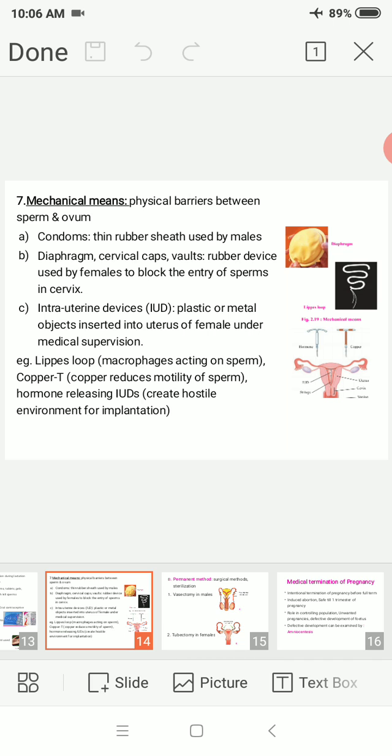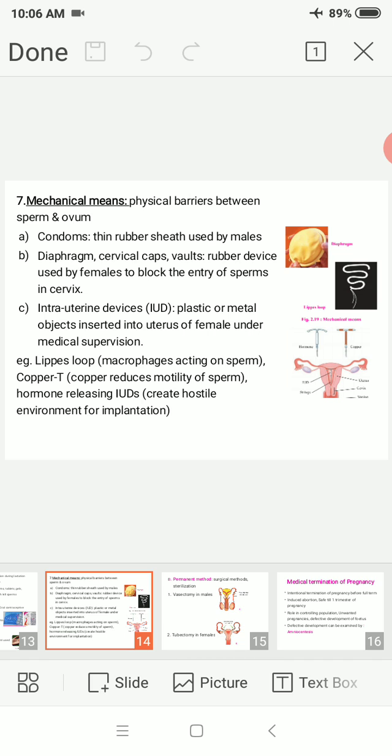Second, diaphragm, cervical cap, and vaults. These devices used by the female are made up of rubber. They prevent conception by blocking the entry of sperms through the cervix.